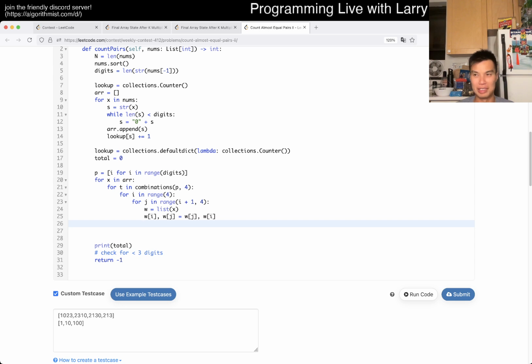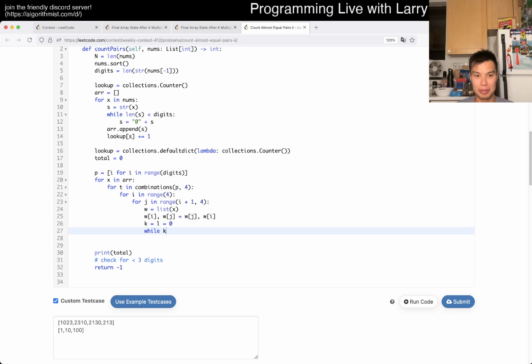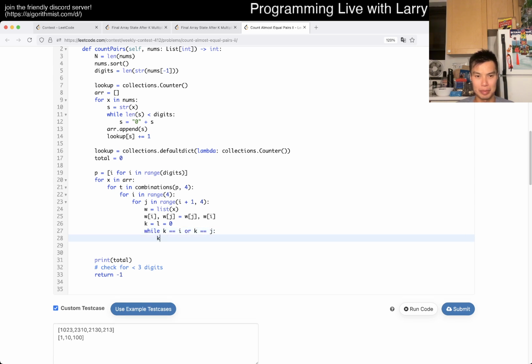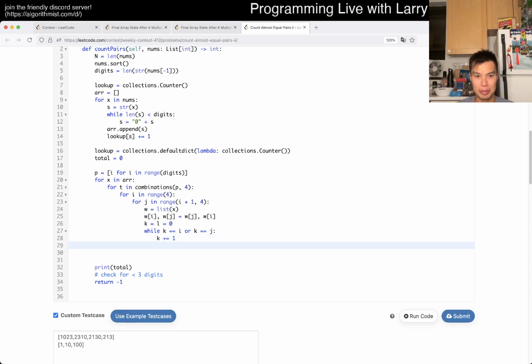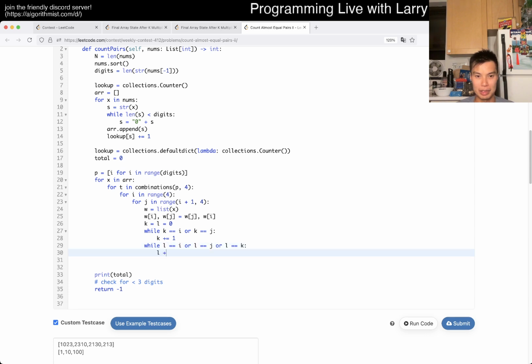How do I get the other 2 easily? This is so dumb.